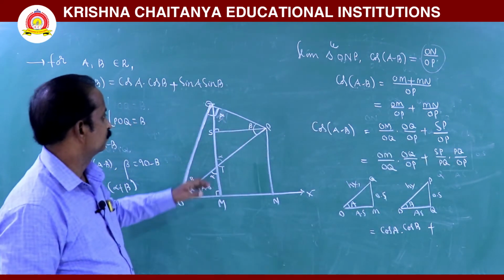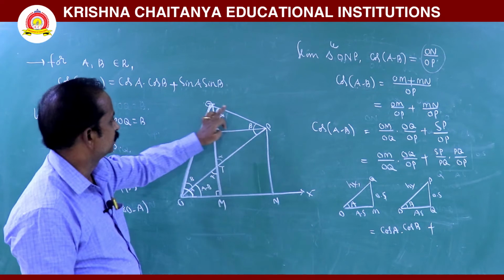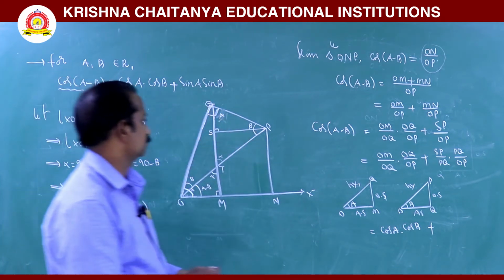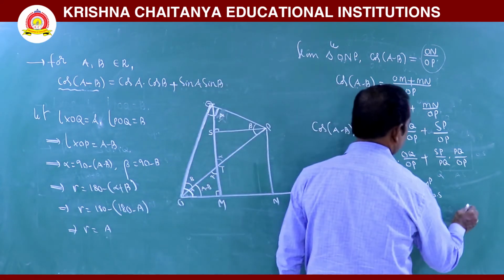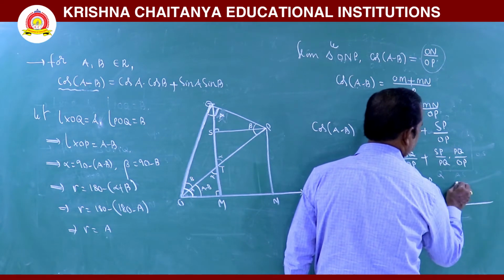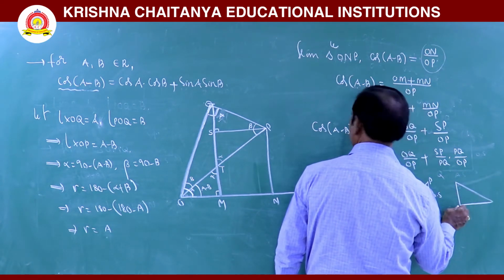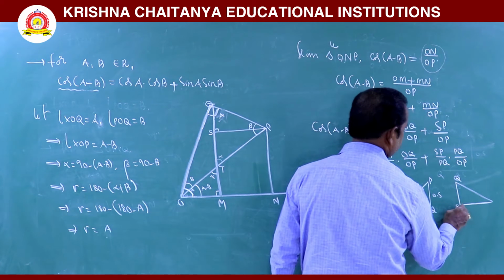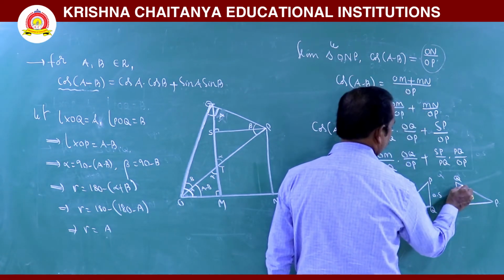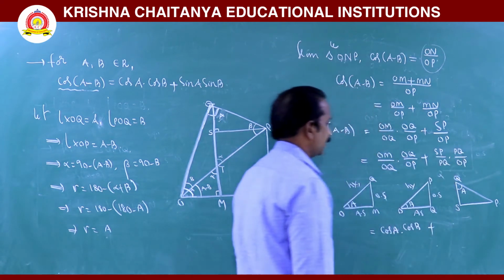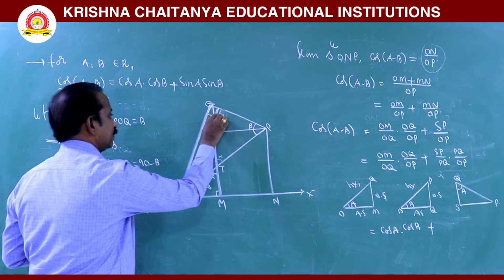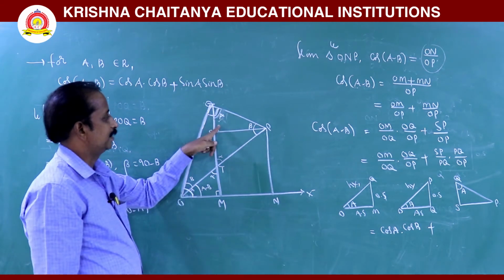SP by PQ. So this is SP, this is PQ. So here is the right angle triangle QSP. This is Q, this is S, this is P. At Q, the measuring angle should be capital A. At S, right angle.